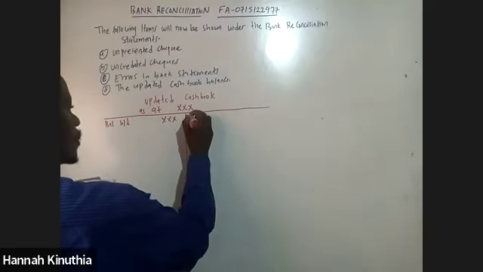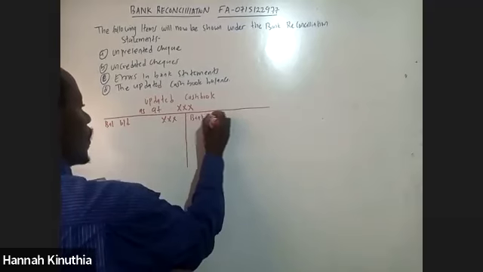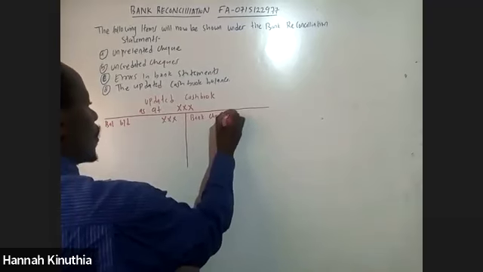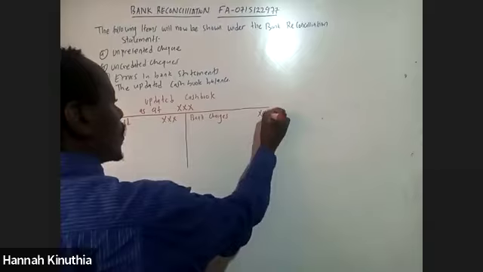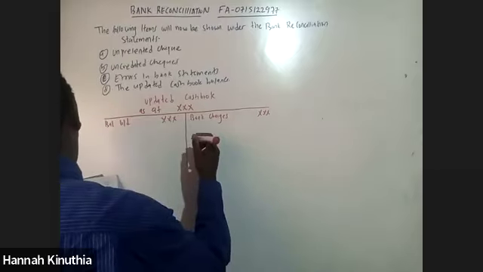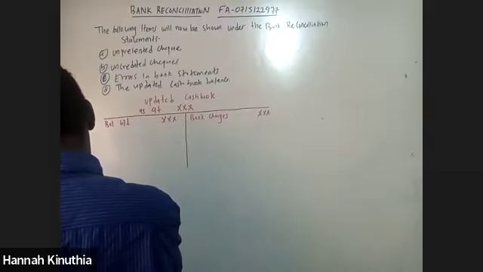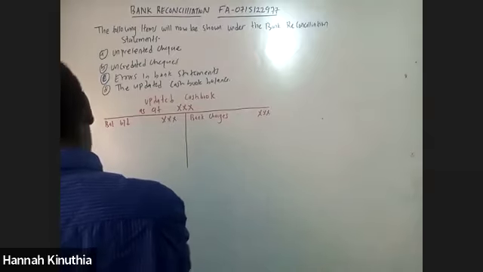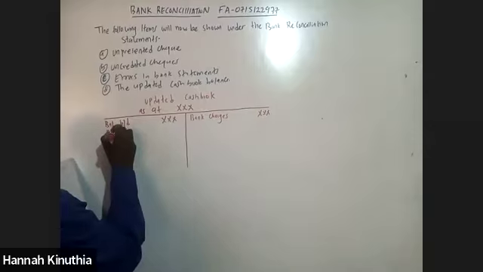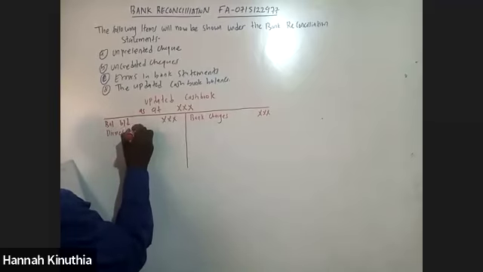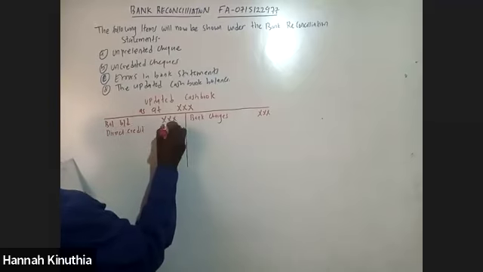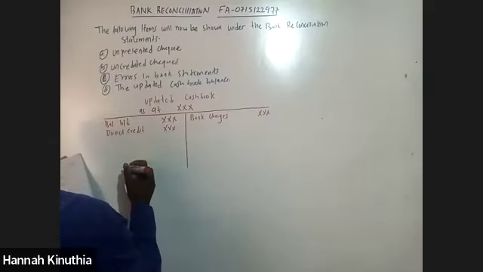You can have bank charges on this side. You can also have some other items. You can talk about direct credits.